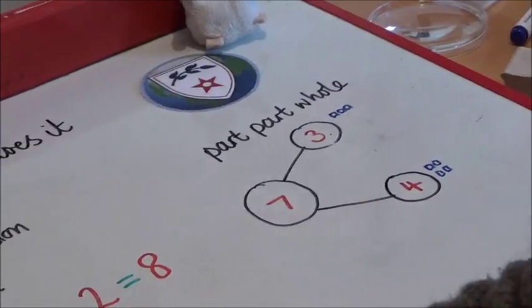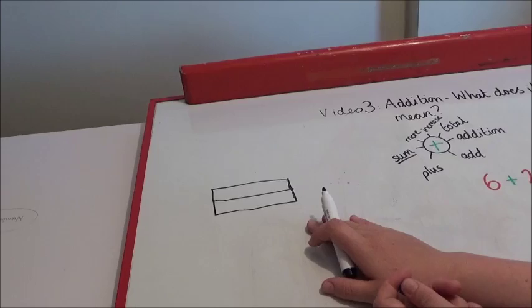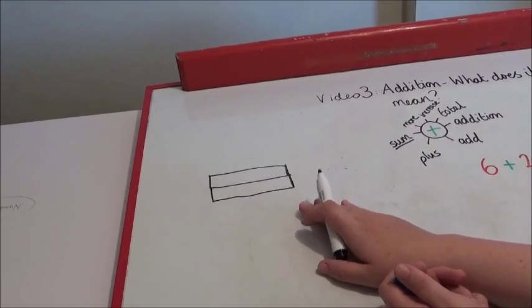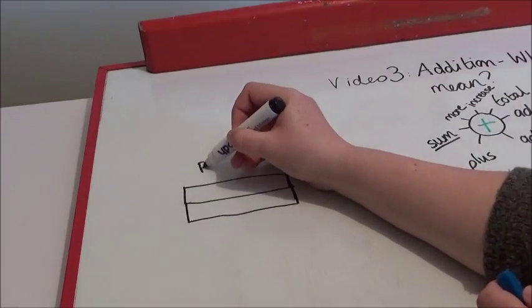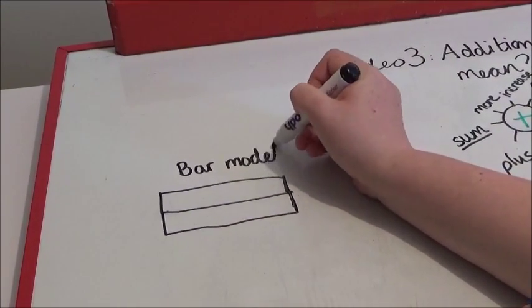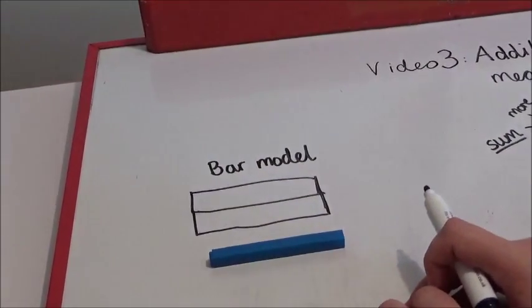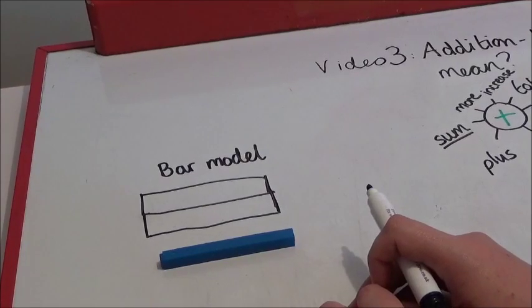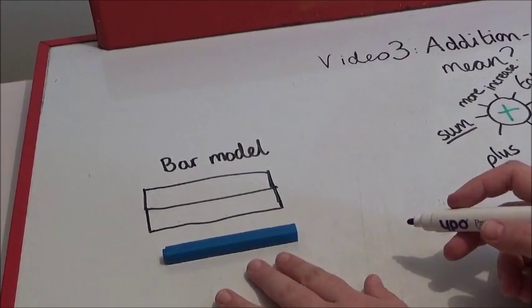If we come over here, another way of understanding or remembering our number facts is using the bar model. The bar model is, I've got this bar here and I've got a bar of 10.